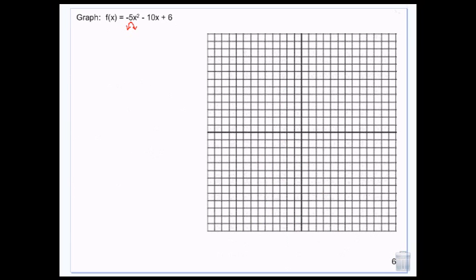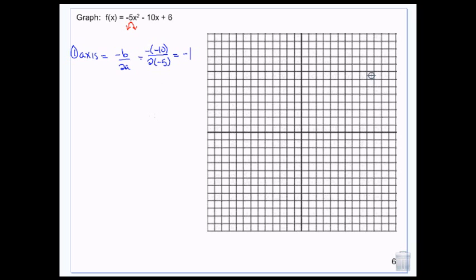But it's going to be the same process, even though it's negative. The first step is to find the axis, which is -b over 2a. So I'm going to have -10 over 2 times -5. So that's -10 over -10, so that's -1.